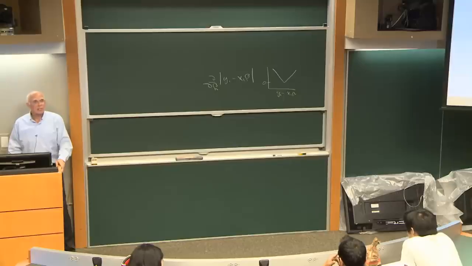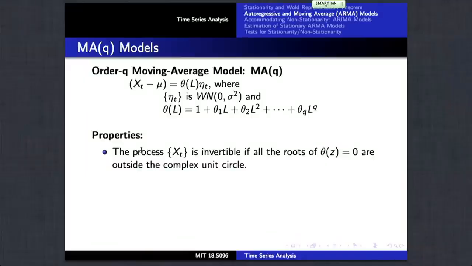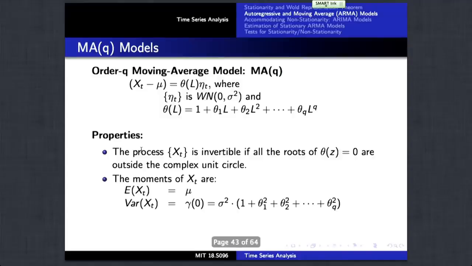Okay, the next section goes through the moving average model. Let me highlight this. Okay, so with an order q moving average, we basically have a polynomial in the lag operator L, which is operated upon the eta t's.